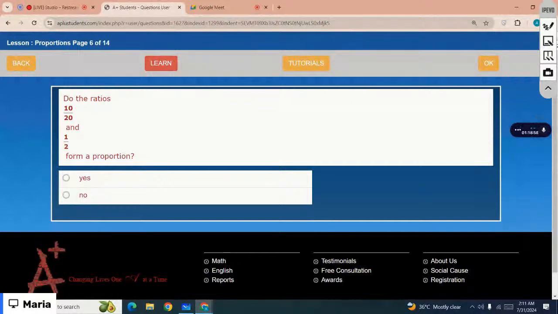The correct option is yes, 10 by 20 and 1 by 2 form a proportion.